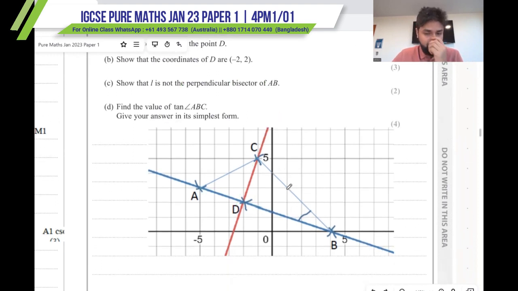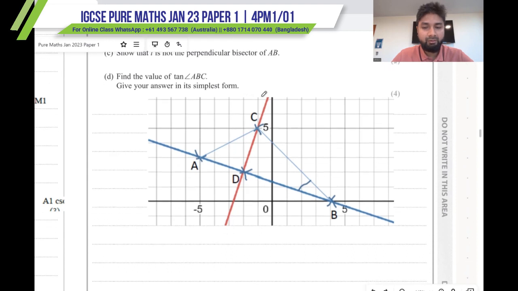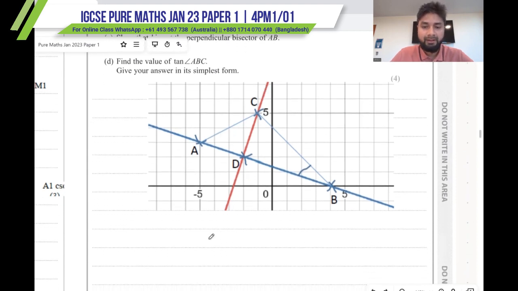The format for proving it would be, we try to find the midpoint of A and B first of all. If the coordinates of the midpoint of AB do not match with D, we can say it's shown that the line L is not a perpendicular bisector of AB. To find the midpoint of AB, we have to use the formula: the average of x and then the average of y of the coordinates of the 2 points.